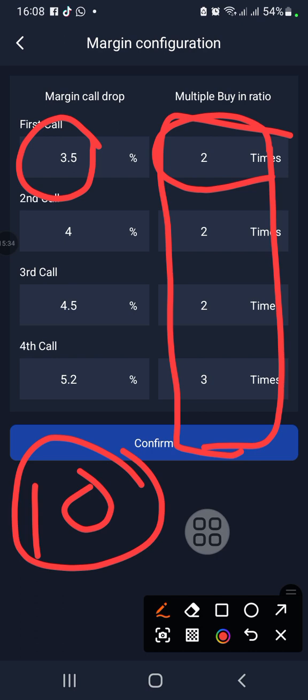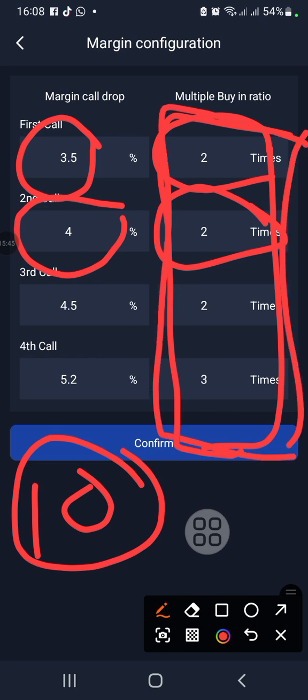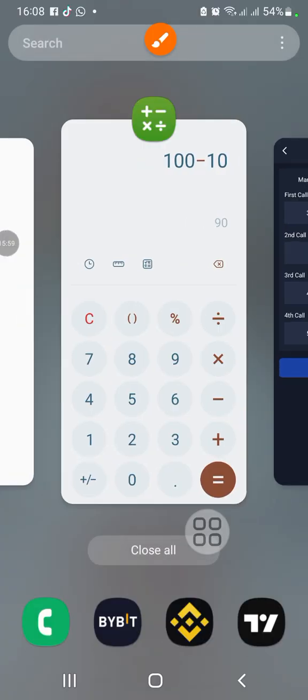If it drops by 4%, please add in $10 two times, because here we've tried to budget for what we have. So the only balance we had was $90, because we used the $10 as our first buying amount. So we go back to the signal.